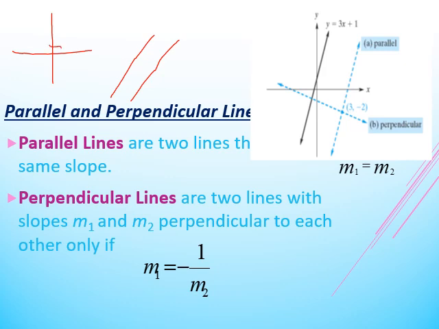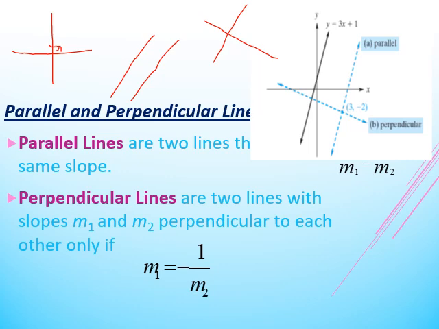This means the intersection of the two lines gives a right angle of 90 degrees, or the two lines intersect but are neither parallel nor perpendicular.